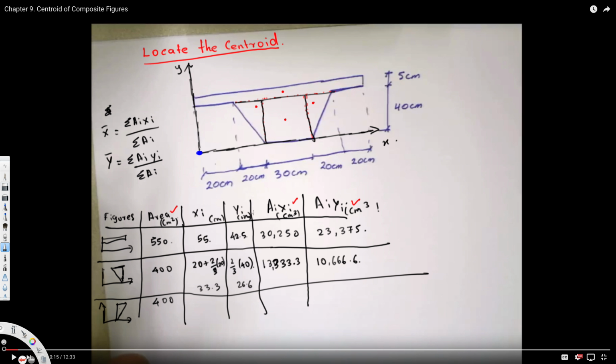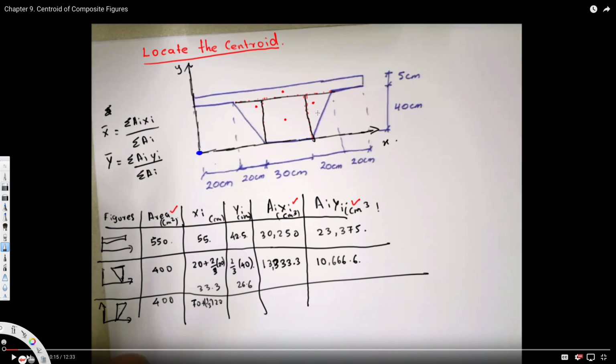And xi is going to be different in this case. It's like here it's 20, 20, 40, 40 plus 30, 70, 70 plus 1/3 of this 20, because the centroid is from this height, so it's 1/3 of this height. Therefore it's going to be 70 plus 1/3 of 20.